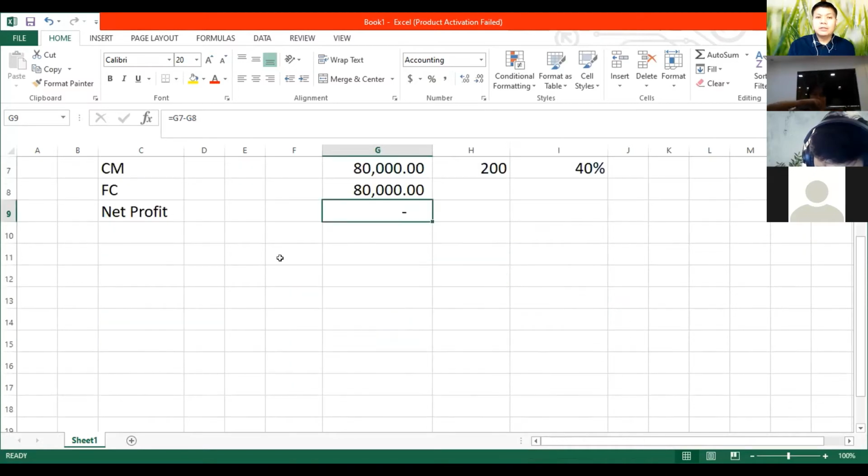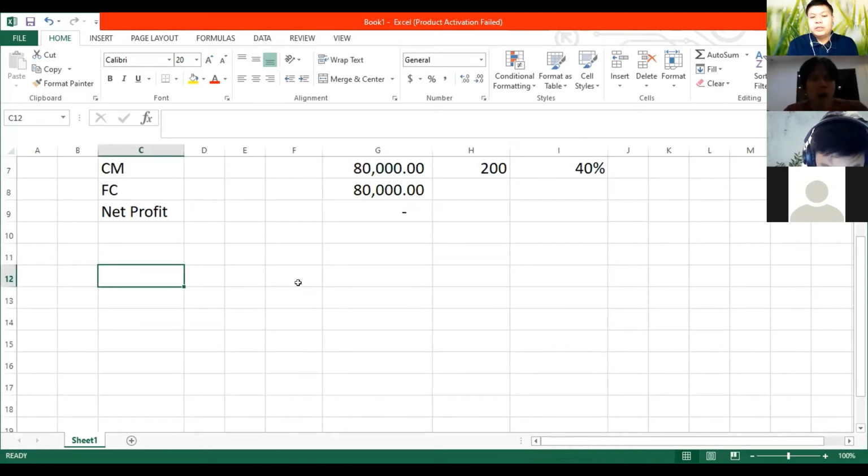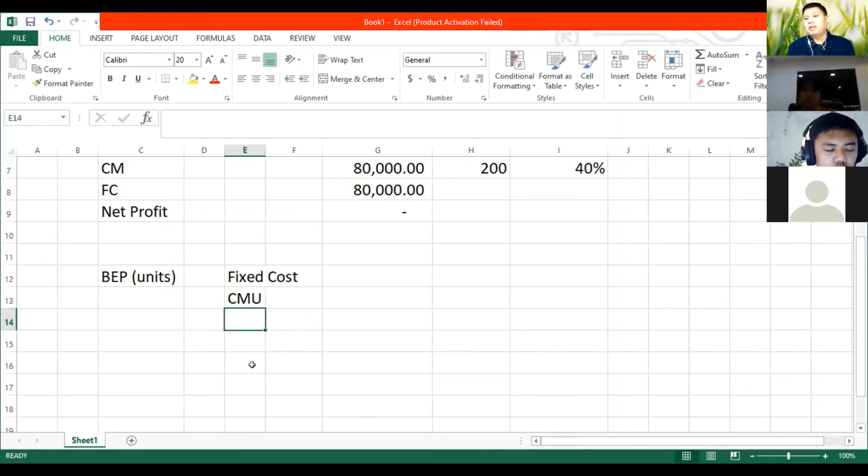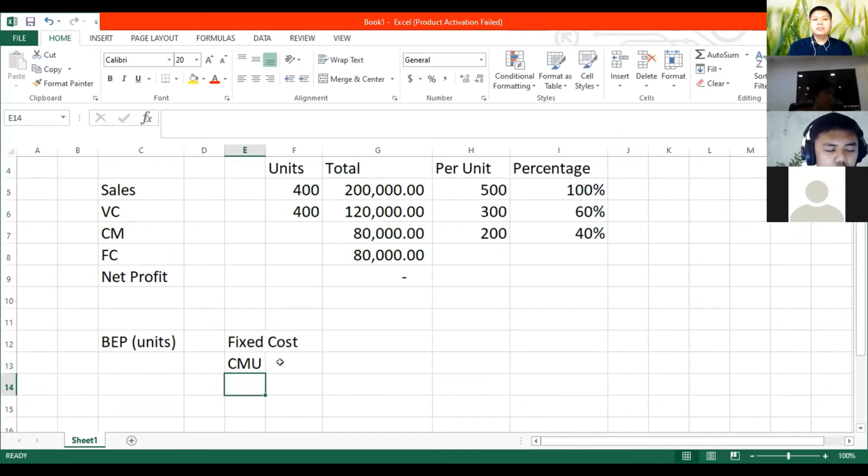Okay. Now, the first thing that we will do is we compute for the break even point in units. The formula here is fixed cost, kasi yung slides medyo mas complicated kasi siya, so fixed cost divided by your CMU. That's the formula for the break-even point in units. So you have your fixed cost divided by your CMU. Okay, so you know that the answer here must be 400, right?